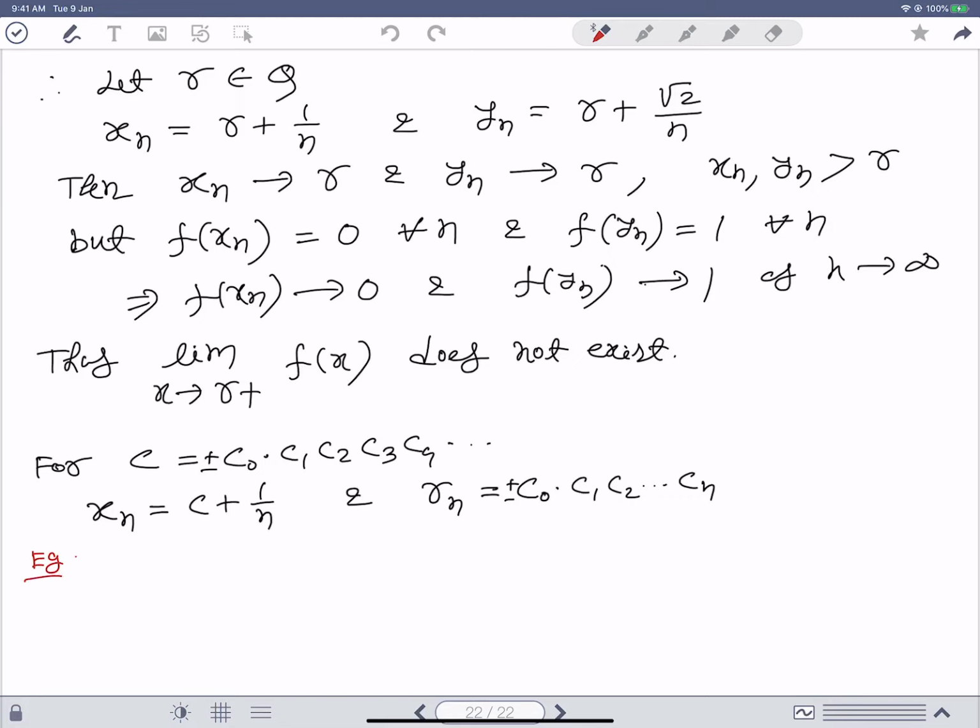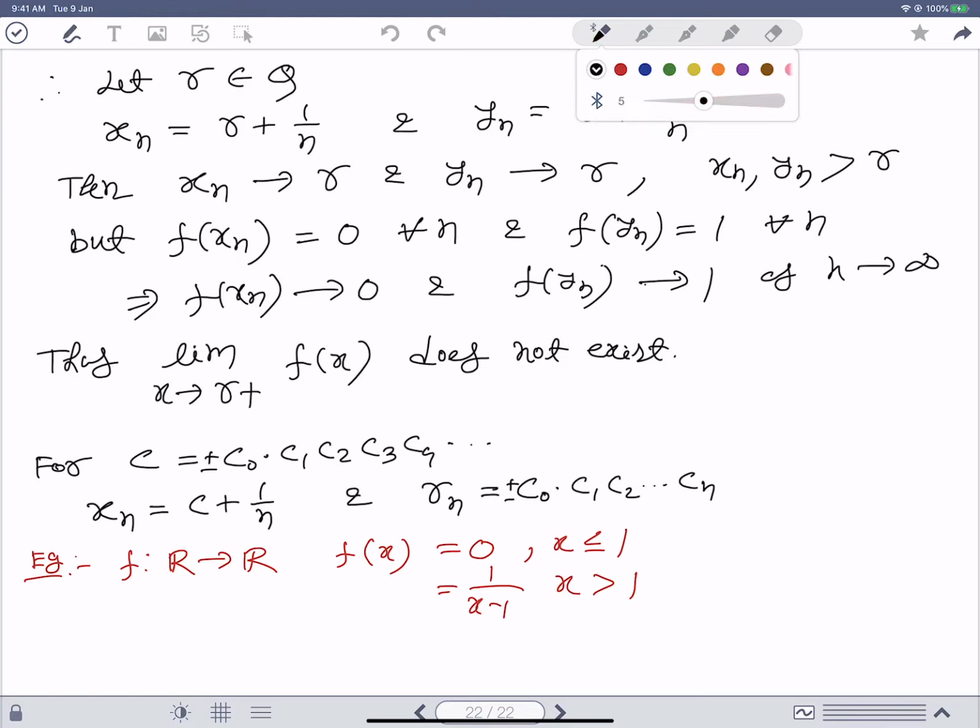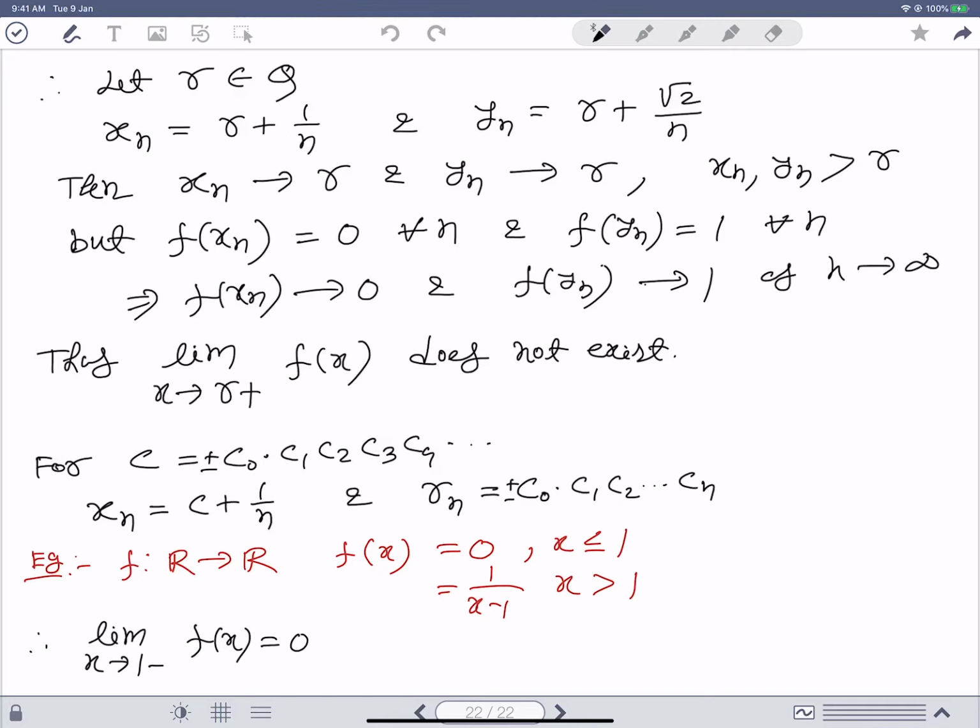Consider another example for infinite discontinuity. So here is one example. Say f is a function from R to R such that f of x equal to 0 when x is less than or equal to 1 and equal to, say, 1 by x minus 1 when x is strictly bigger than 1. Fine. Now check that here the limit as x tends to 1 minus of f of x, that is 0, and the limit as x tends to 1 plus of f of x, that is infinite, right?